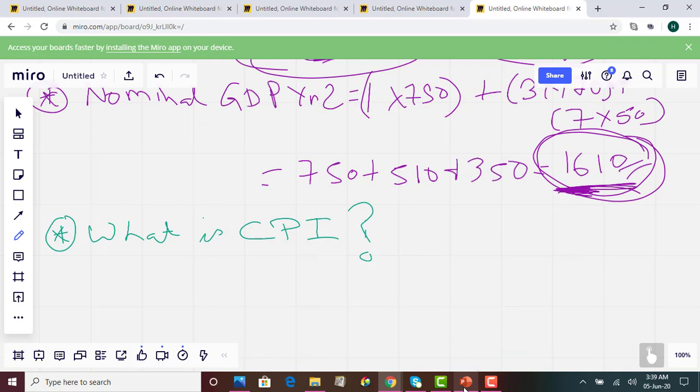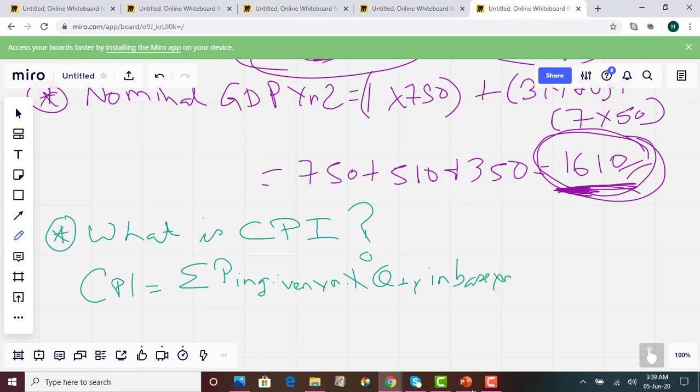So in other words, the CPI is given by the summation of price in given year times quantity in base year. I get confused with it sometimes, so make sure you write it out.